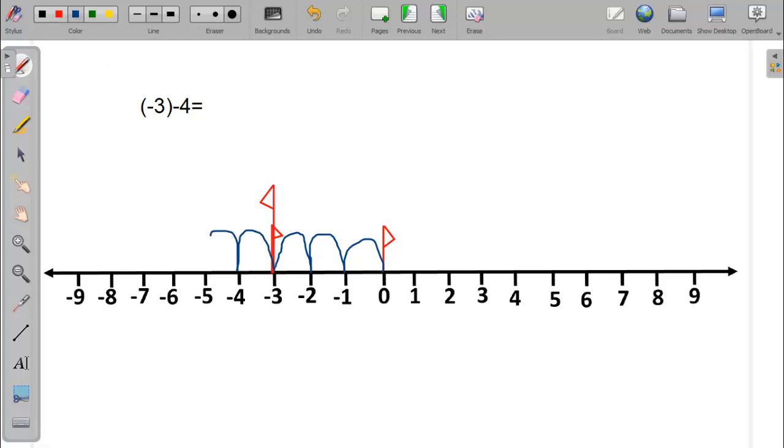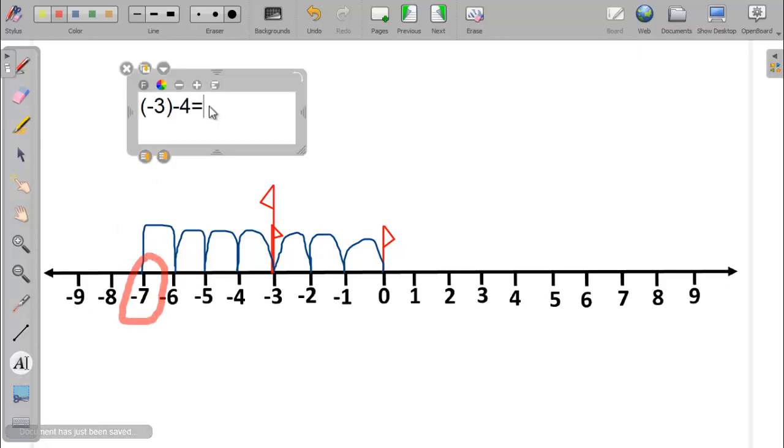First step, second step, third step, fourth step. Now we have moved 4 steps because the absolute value of the second number is 4. So where did we land on? -7. So -7 is the answer. -3 -4 equals -7.